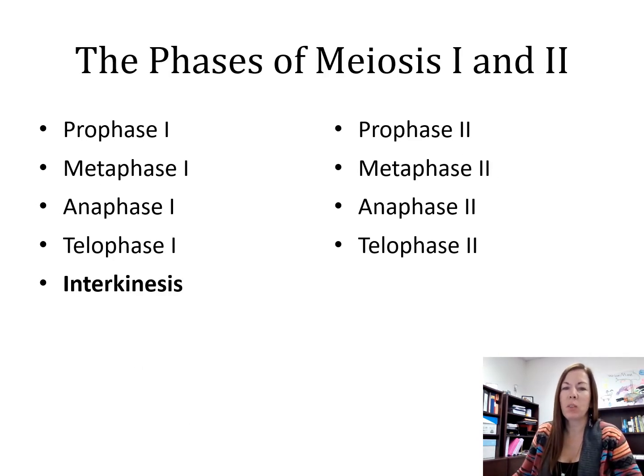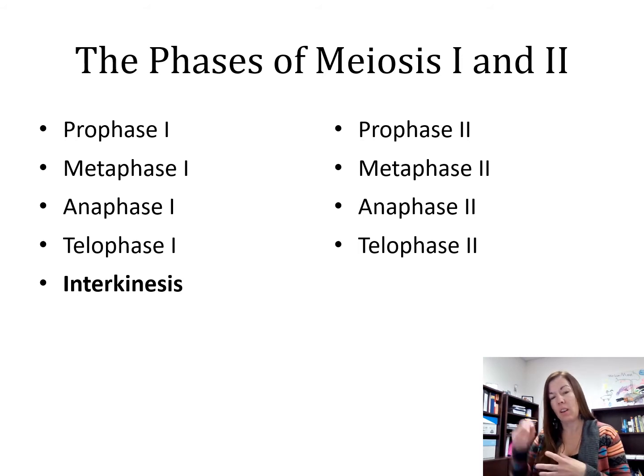So the phases of meiosis 1 and meiosis 2 are not that different from the phases of mitosis that we have already learned about. The only difference is, remember, meiosis 1 is the first nuclear division, meiosis 2 is the second nuclear division.